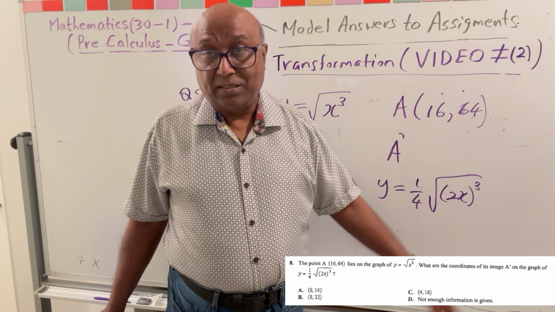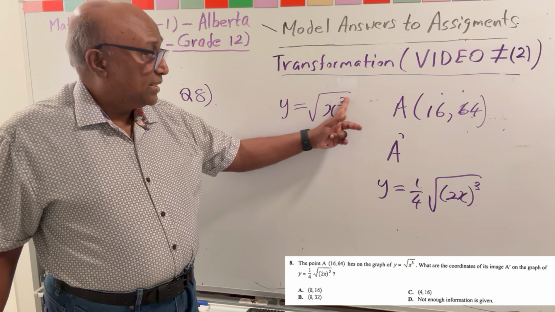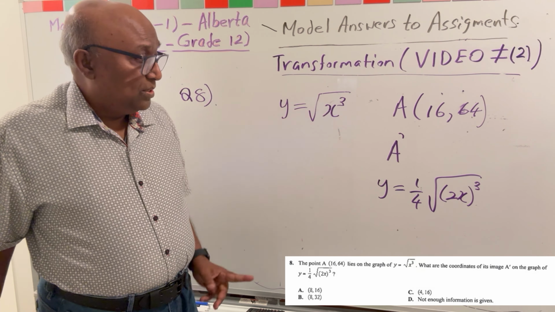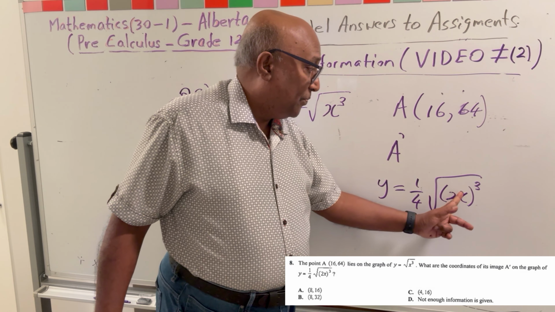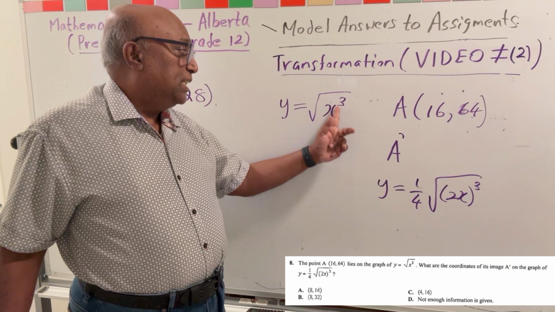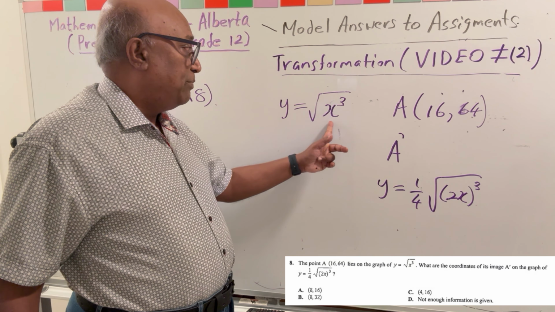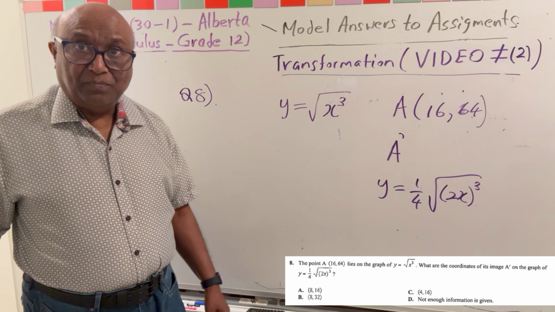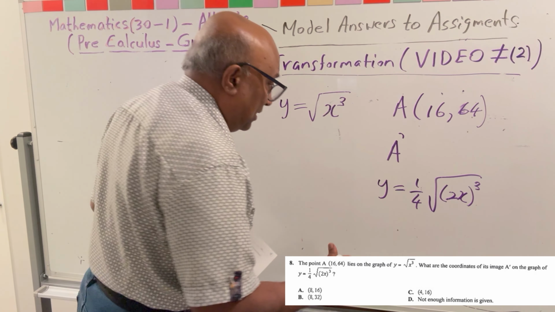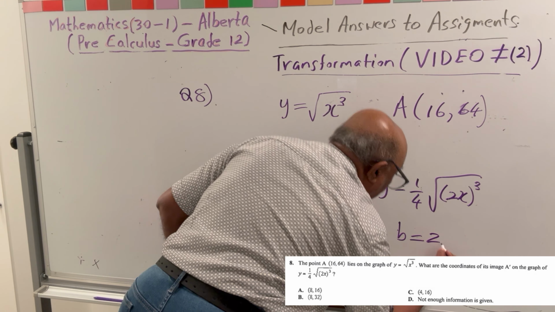What are the differences? Actually, this is square root of x cubed. This is also square root of, that is also cubed. That means x has been replaced with 2x. That is one thing. That means the b value is equal to 2.